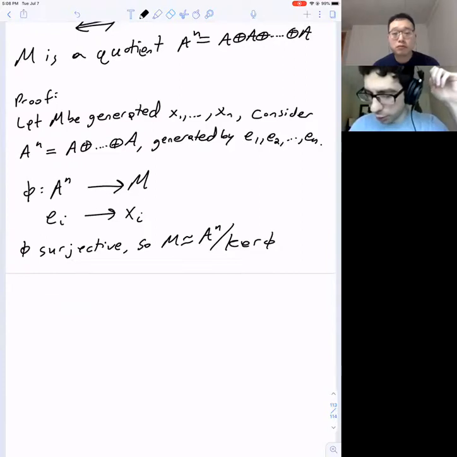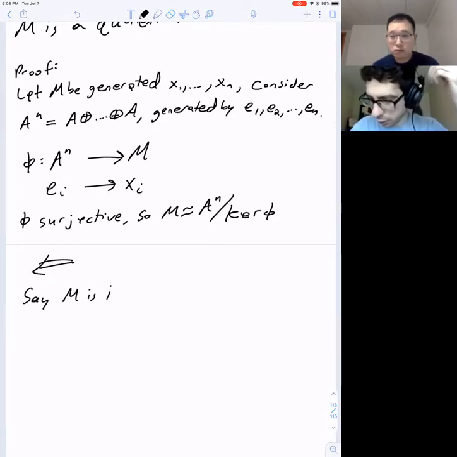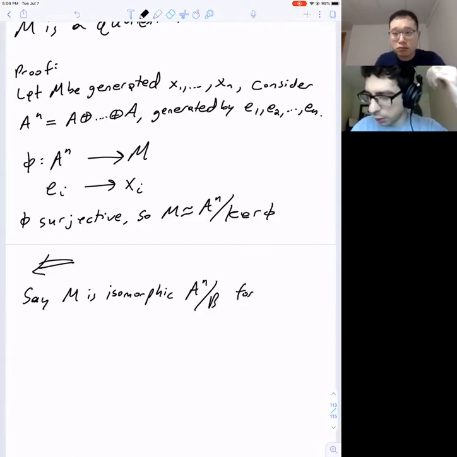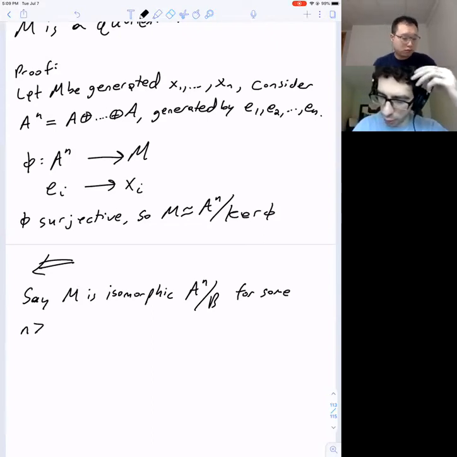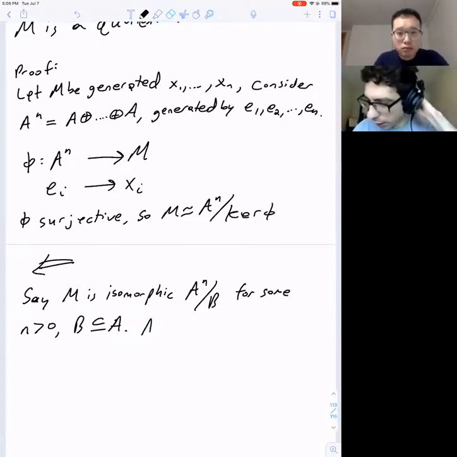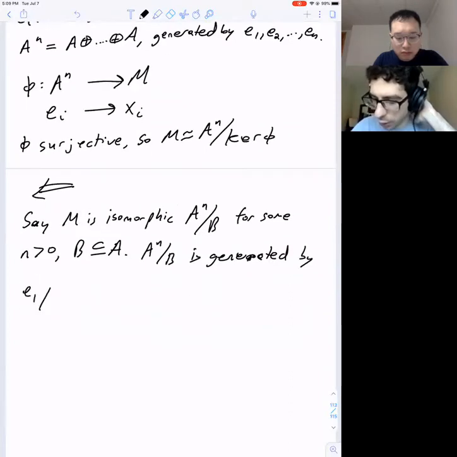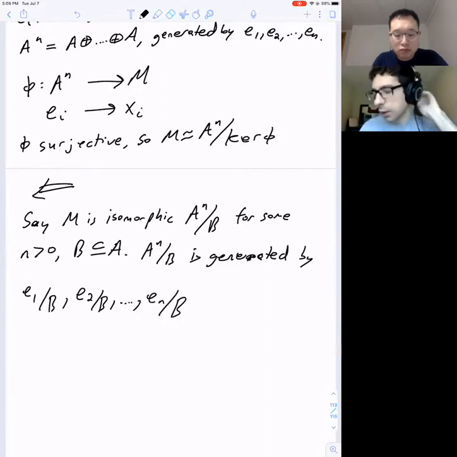The other direction: let's say M is isomorphic to A to the n mod B for some integer n greater than 0 and some submodule B inside A^n. Then A^n mod B is generated naturally by e1 mod B, e2 mod B, ..., en mod B. This might not be a basis.